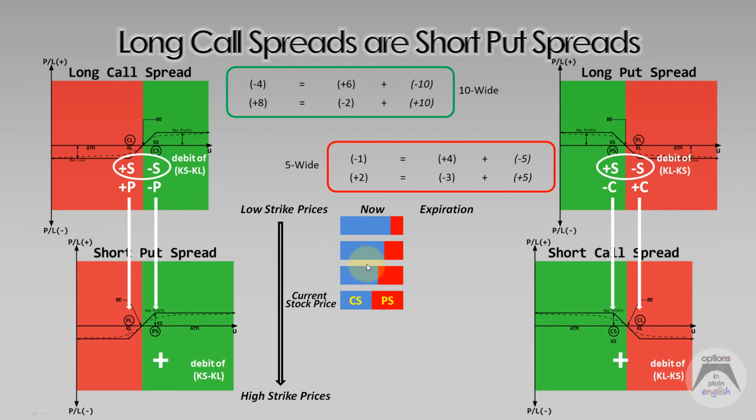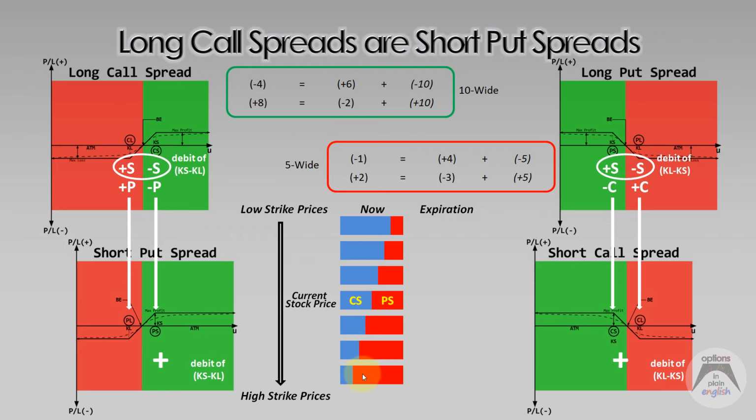Now, the same thing happens on the way to higher strike prices. Remember, we're keeping the stock price constant right here in the middle, okay? So if we start going to higher and higher strike prices, now the put spread is going to be the one that's fully in the money, and it's going to have a higher percentage of the value of the width of the spread, okay?